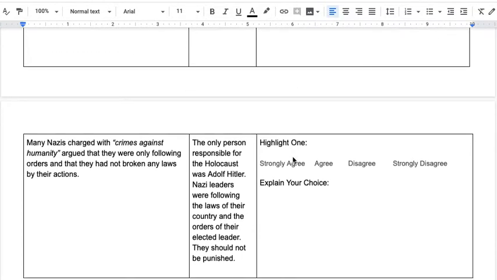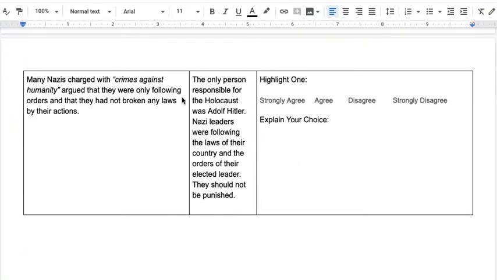In the last question here, the last fact: the only person responsible for the Holocaust was Adolf Hitler. Nazi leaders were following the laws of their country and the orders of the elected leader. They should not be punished. And what they're saying is that a lot of Nazi soldiers that were being brought to these Nuremberg trials were being charged with crimes against humanity, and they were arguing that they had not broken any laws because they were just following orders.